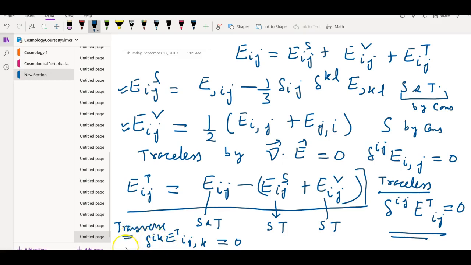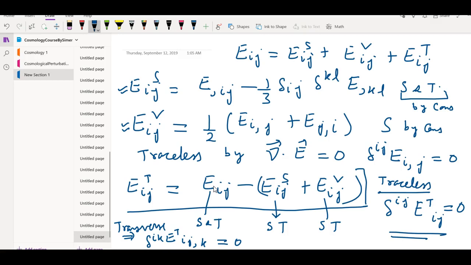What do we mean by transverse? This transverse constraint is imposed here. We do not have it here by construction or from the initial requirements, but now we are going to impose this constraint.